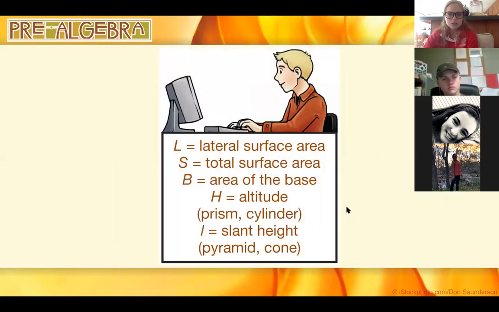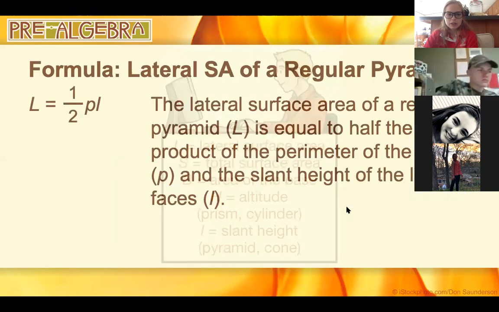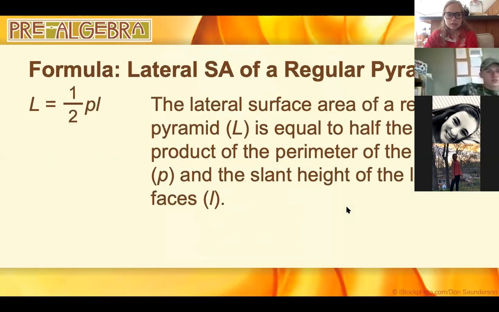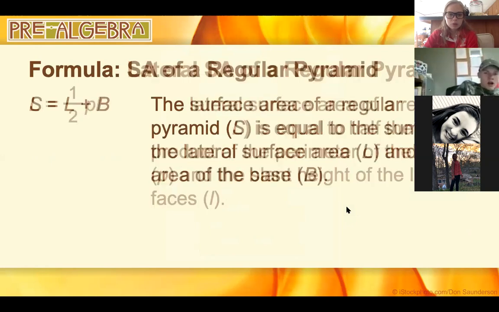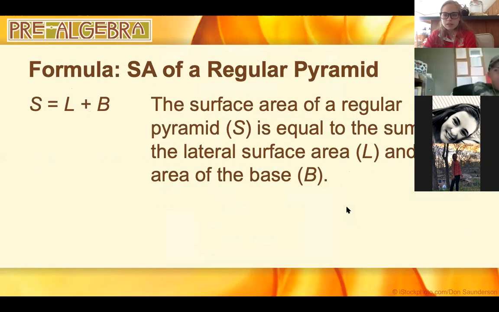All right. So here is the formula you need to know in order to find the surface area. The surface area of a regular pyramid is equal to the lateral surface area plus the area of the base.